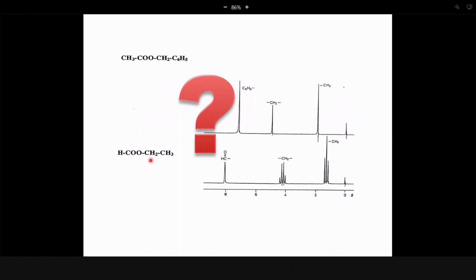Of course, it's directly linked to the chemical structure, but we will try to understand why sometimes we have only one line and sometimes several lines, and how we can use this information to get to the structure.